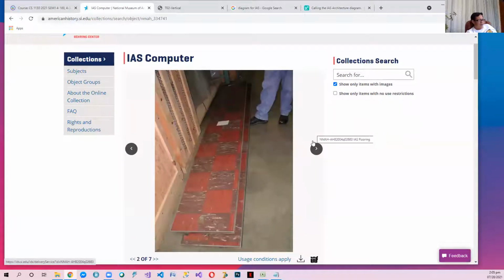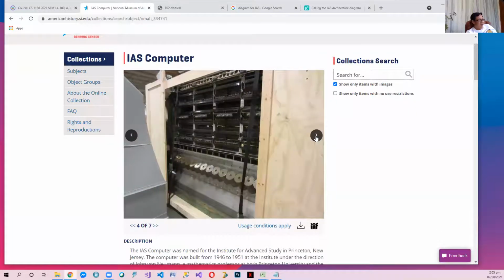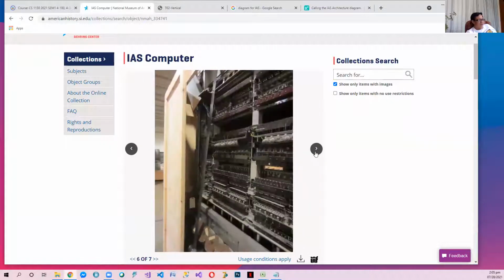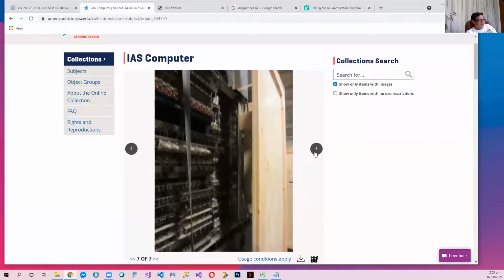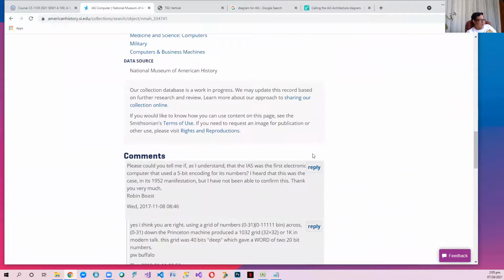It comes with a user stand, floor made of vinyl. Okay, so there it is, no. It's much smaller than its predecessor, which is ENIAC. Okay, they follow.